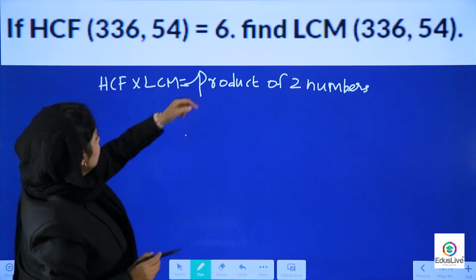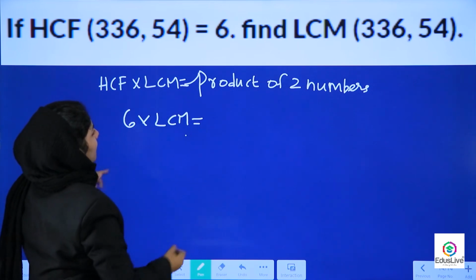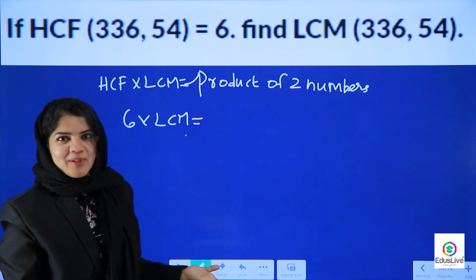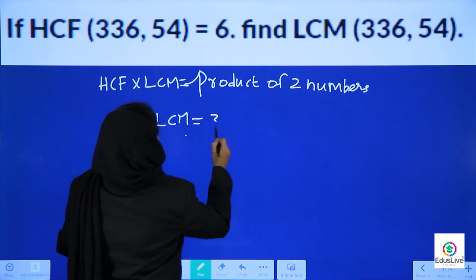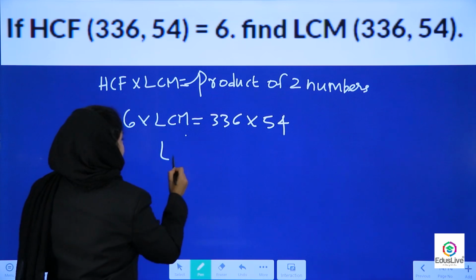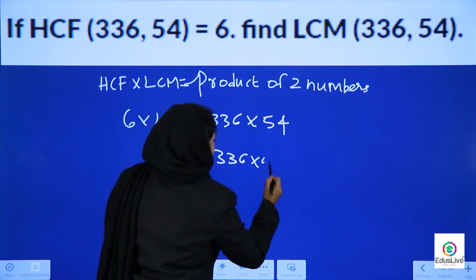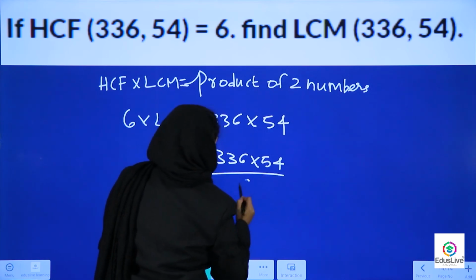So HCF is 6, LCM we have to find, and the product of the two numbers 336 and 54. So LCM will be 336 times 54 by 6.